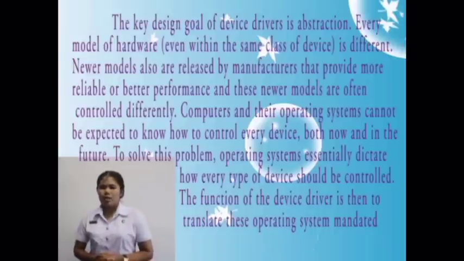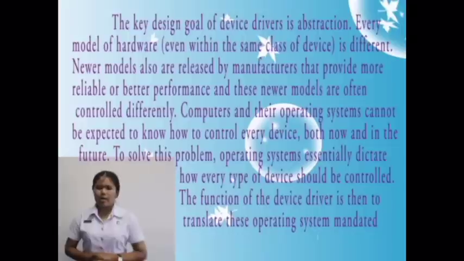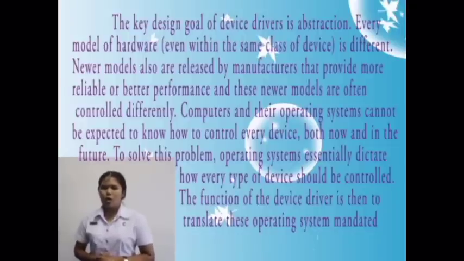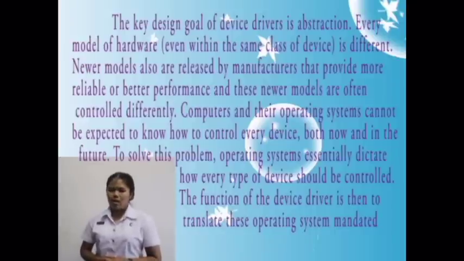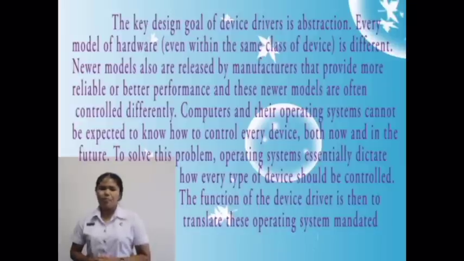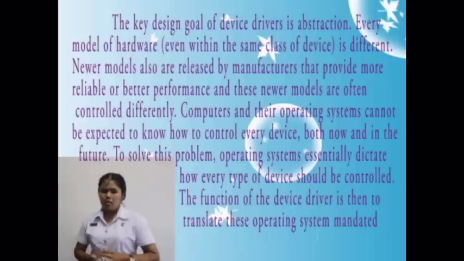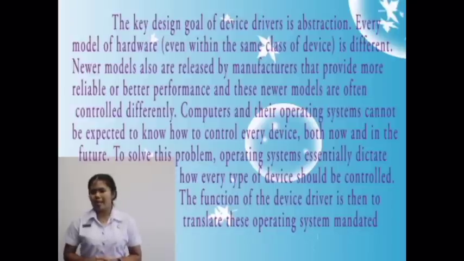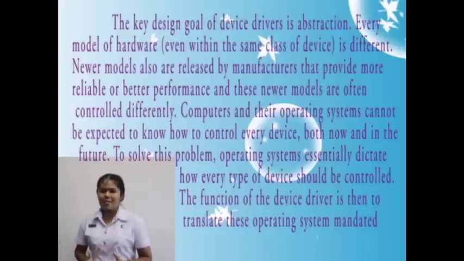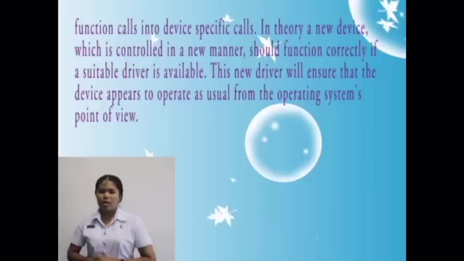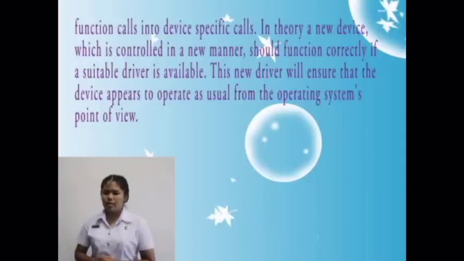Computers and their operating systems cannot be expected to know how to control every device, both now and in the future. To solve this problem, operating systems essentially dictate how every type of device should be controlled. The function of the device driver is then to translate these operating system-mandated function calls into device-specific calls.